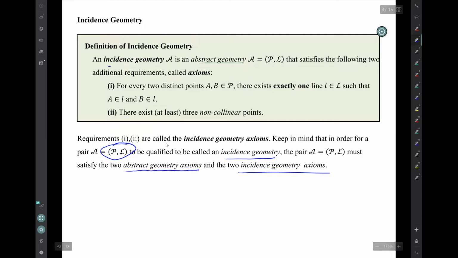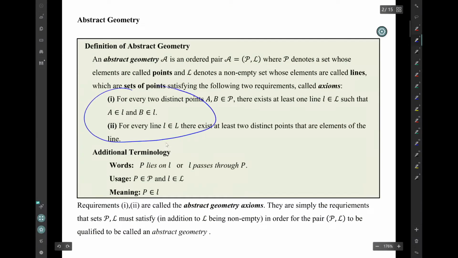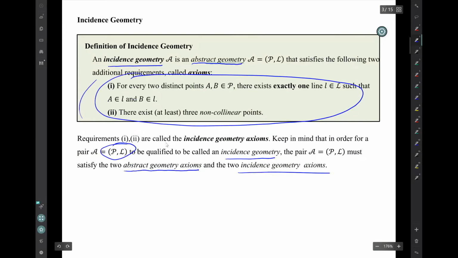Because remember, an incidence geometry is an abstract geometry that satisfies these extra requirements. So that means an incidence geometry has to satisfy these two axioms and these two axioms.